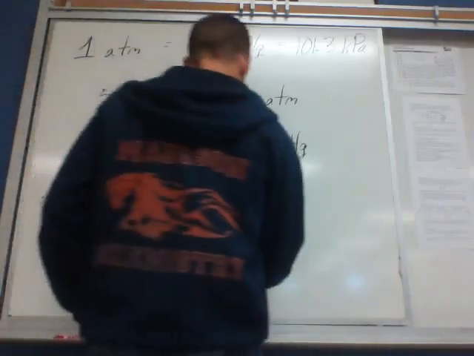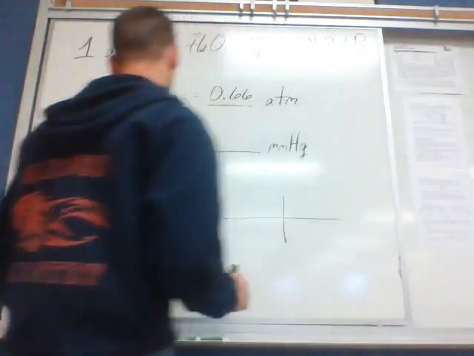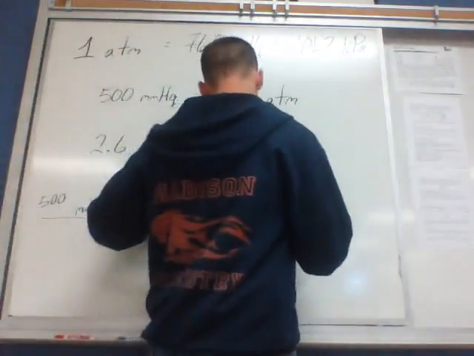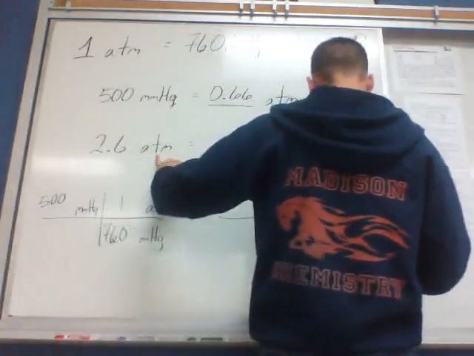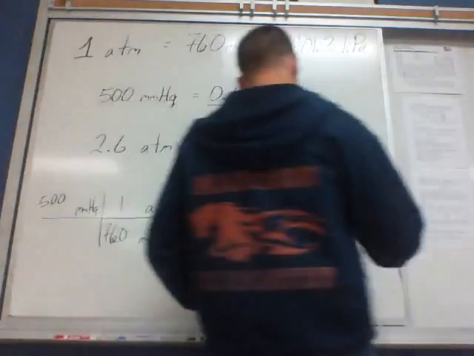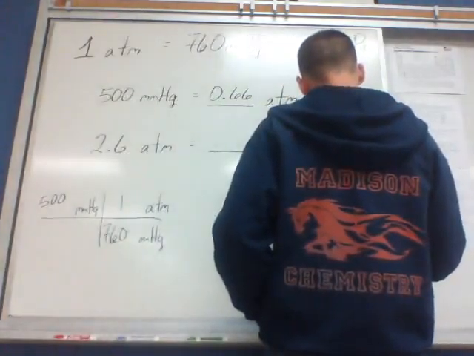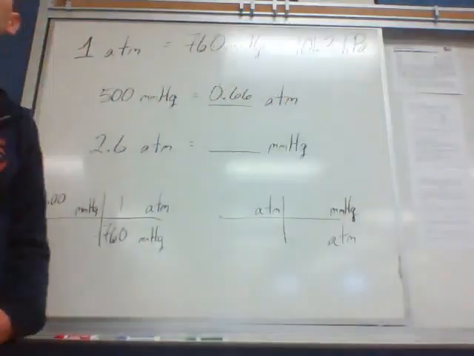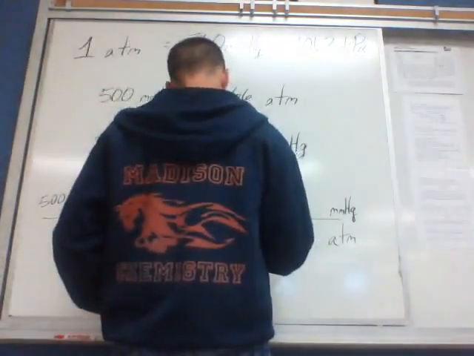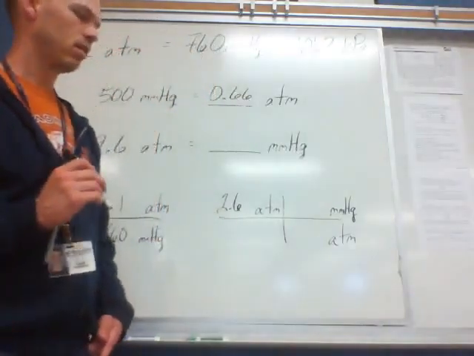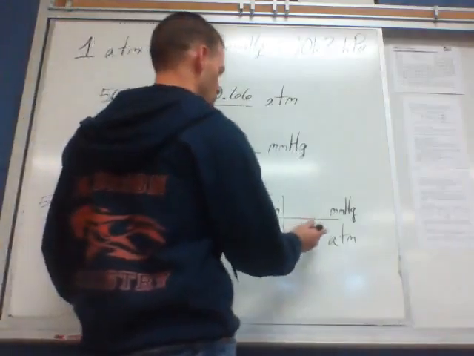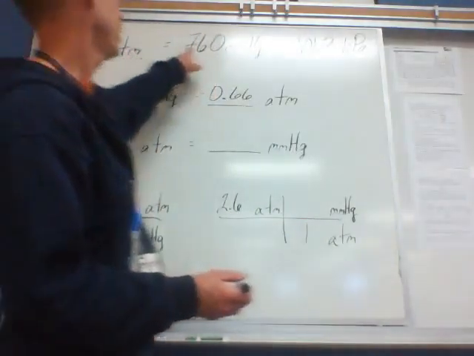On my other problem, set up a grid. Want to go from one pressure to another. My given pressure is atmospheres, which will go twice. My unknown unit is mmHg, which we use once. My given value here is 2.6. My conversion factor for atmospheres is 1.